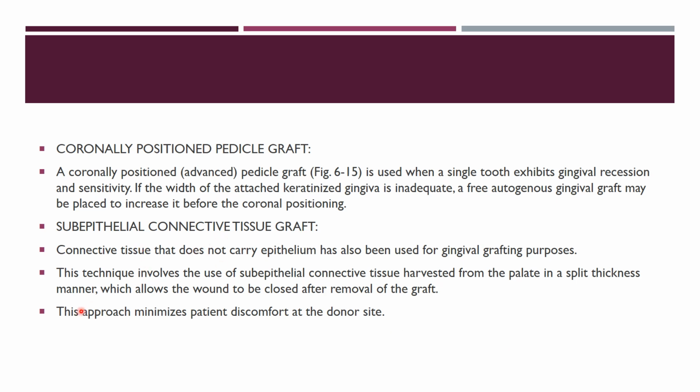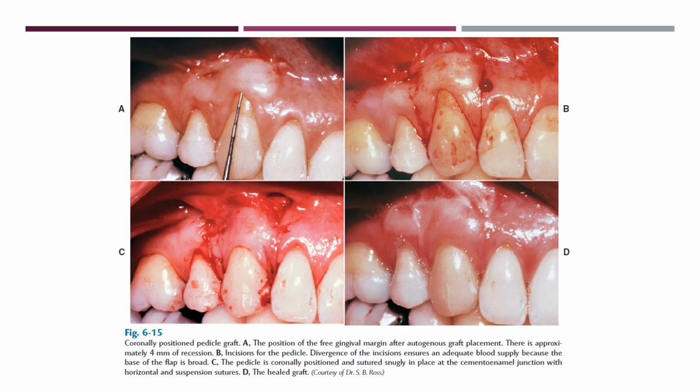Subepithelial connective tissue graft. Connective tissue that does not carry epithelium has also been used for gingival grafting procedures. Okay? This is a coronally positioned pedicle graft. So the position of the free gingival margin after autogenous graft placement, right? Approximately 4 mm of recession is still there, guys, okay?